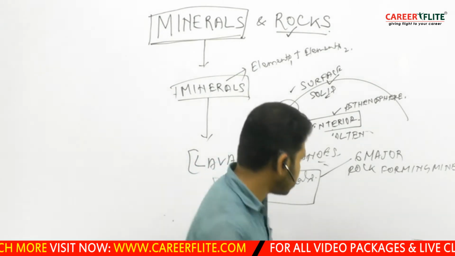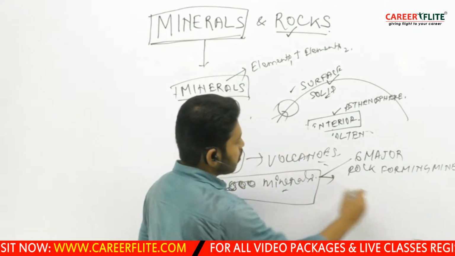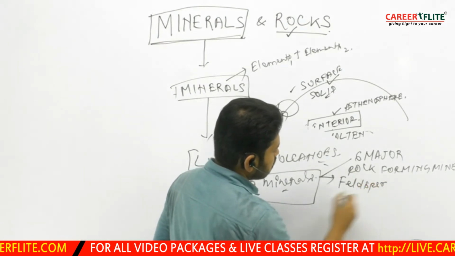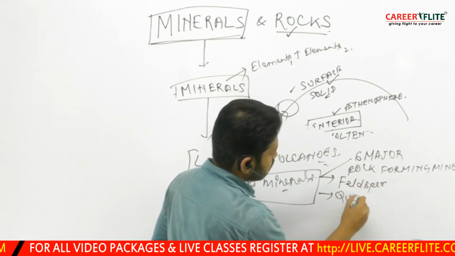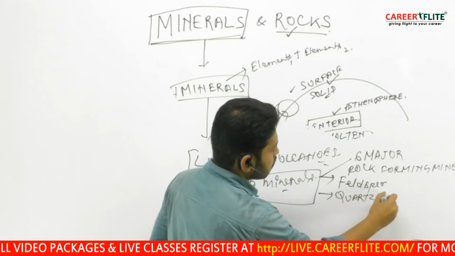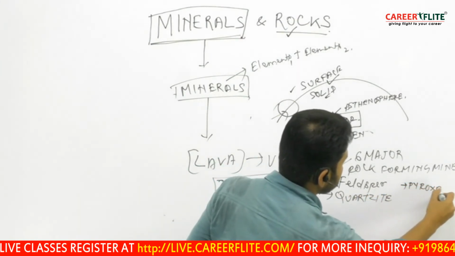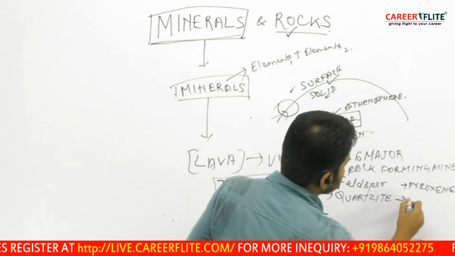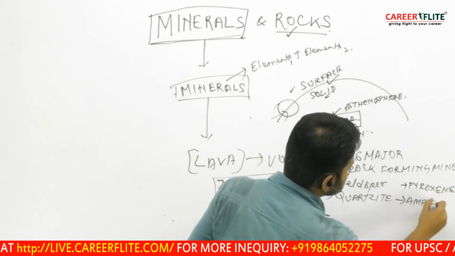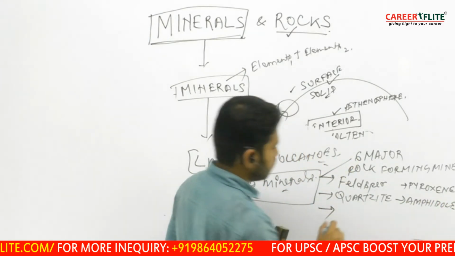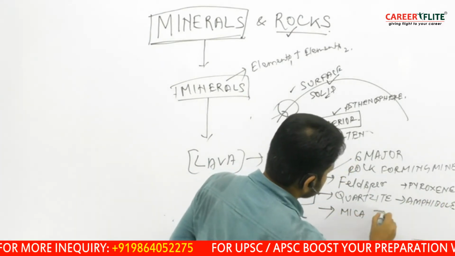So what are these six major rock forming minerals? They are feldspar, quartz, pyroxene, amphibole, mica, then olivine.